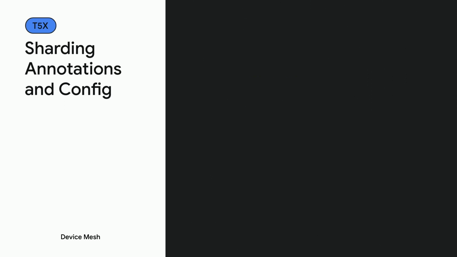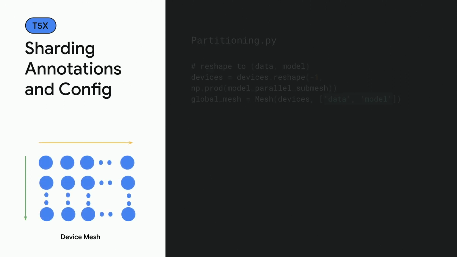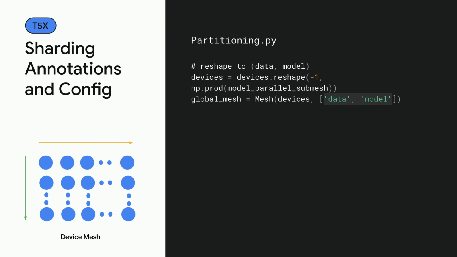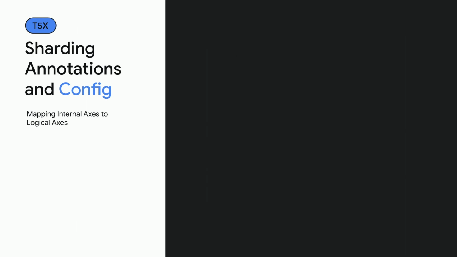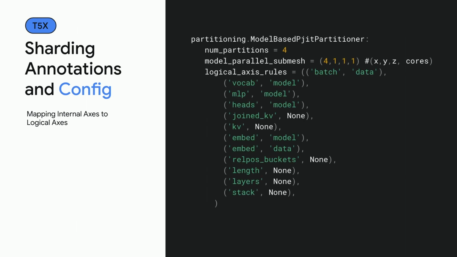Now we define the device mesh. The snippet on the right defines the grouping of TPU chips or cores along two named axes, in this case called model and data. And next, we define a partition config that specifies the model parallel size as well as the mapping of logical axes used inside the model to named mesh axes defined in the previous step.